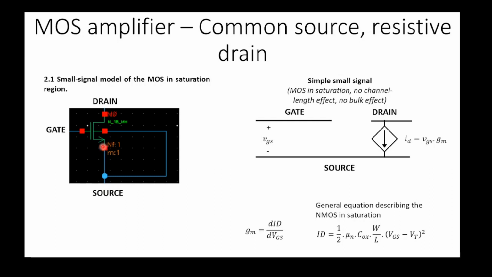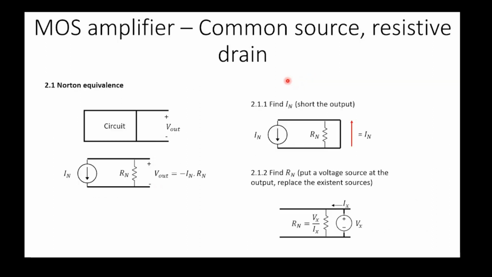Then we can run the simulation and extract the value of gm from the simulation, and we don't need to do the differentiation to get the value. So that's the introduction to the simple small signal model of the MOS when the MOS is biased in saturation at the appropriate DC operating point.